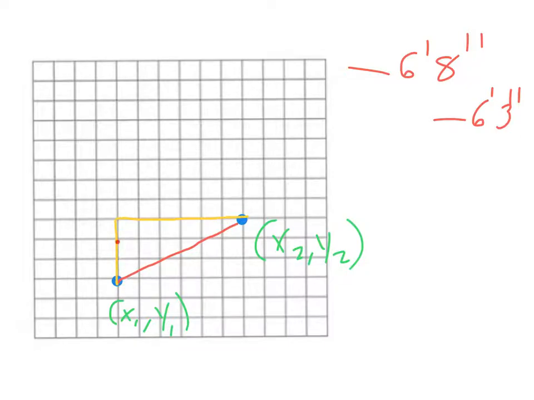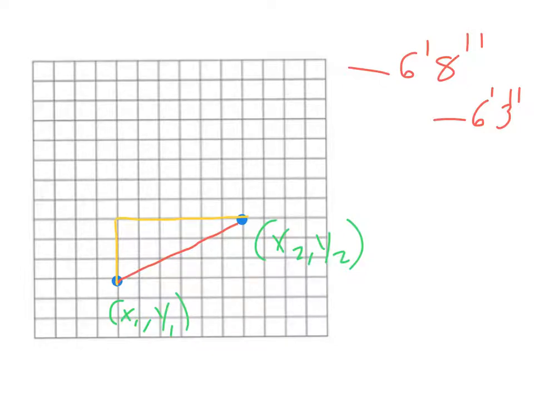Think about your 2 values. We are rising here, so that deals with the y value. So what is my greatest y value? It is y2. I don't know what it is, but I'm calling it y2. What is my lowest y value? y1. So what would this distance be between the 2? Well, think about before.